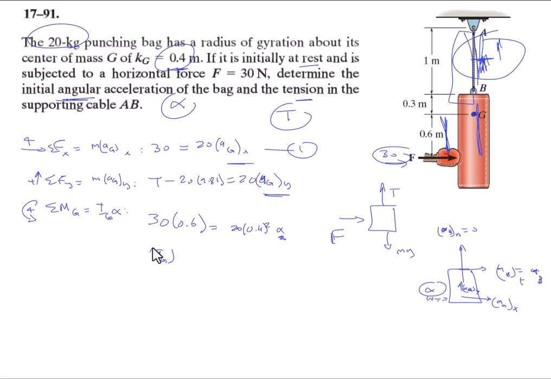that A of G in the x direction is equal to 30 over 20, so this is 1.5 meters per second squared. And for this general plane motion, we could write the acceleration of the bag, point B, is equal to the acceleration of the center of mass plus A of B relative to G by definition. And these are all vectors, of course.